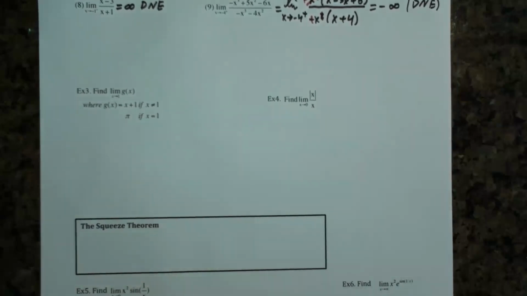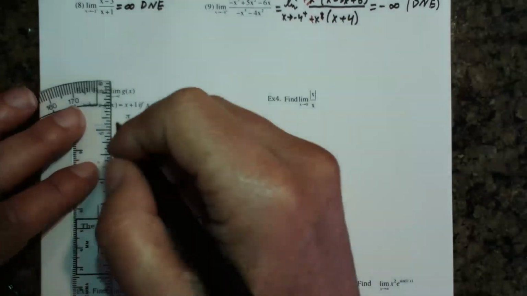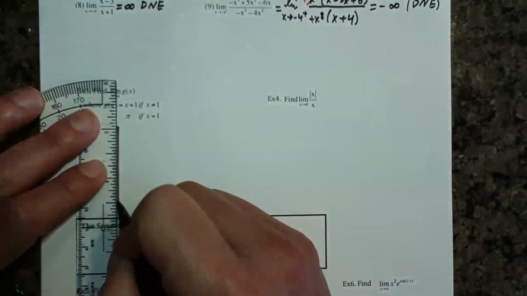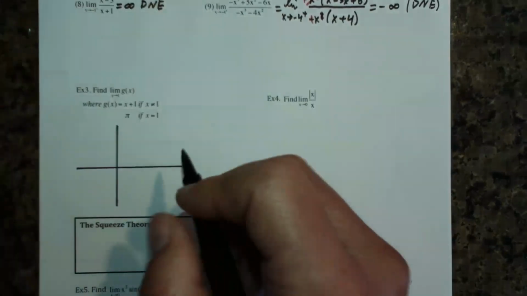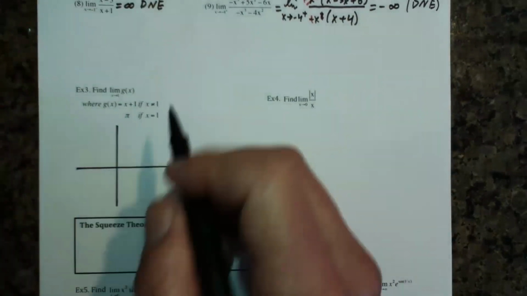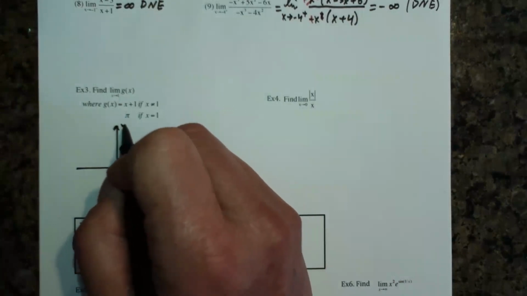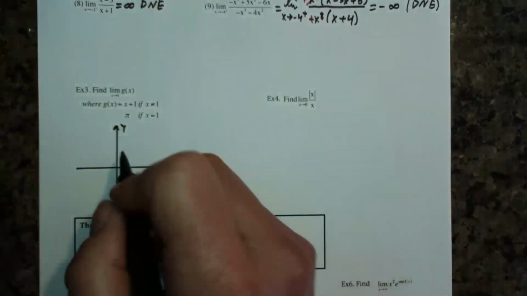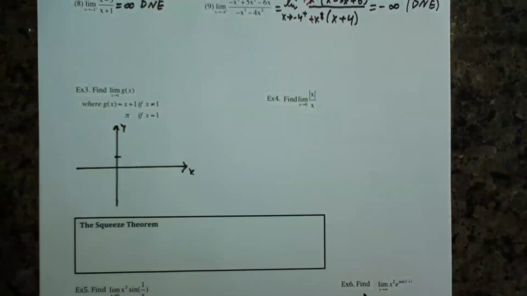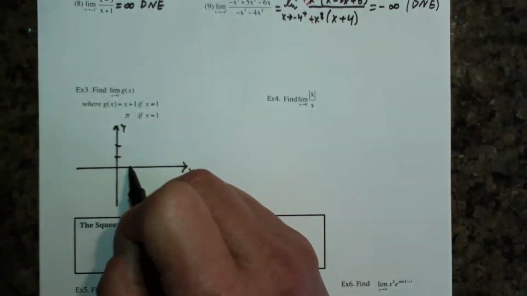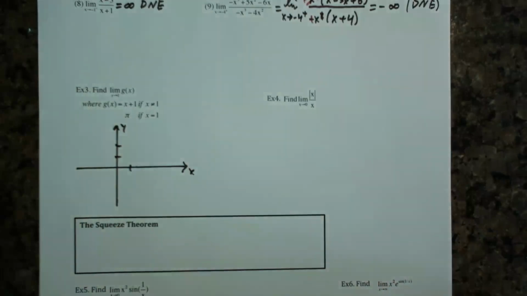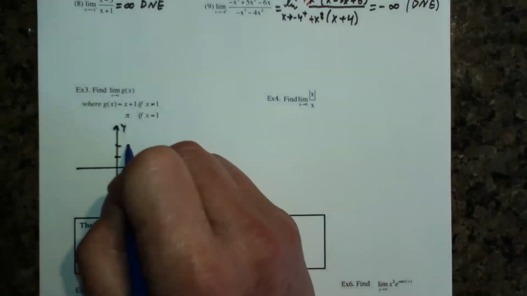Now here's the good news with this one. In fact, let's draw this out. So first off, we have a line that is here. And when x equals 1, you can see we're going to be up at 2. So we are going to have an open circle right here.